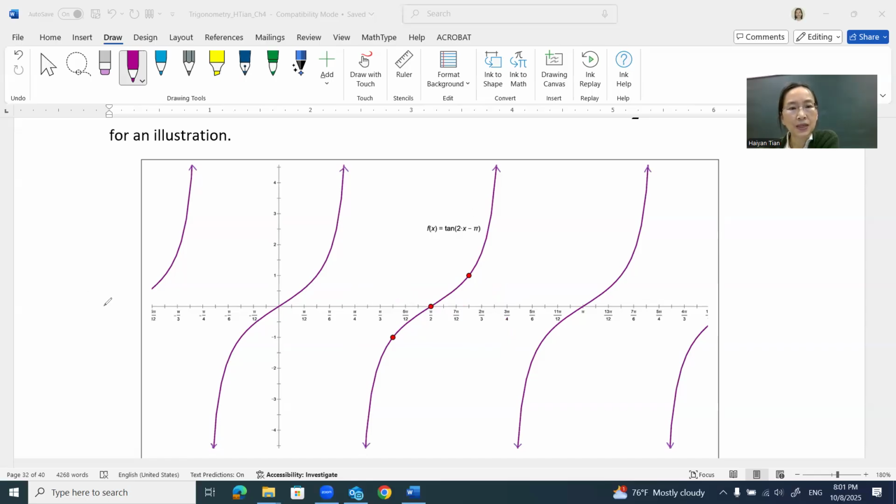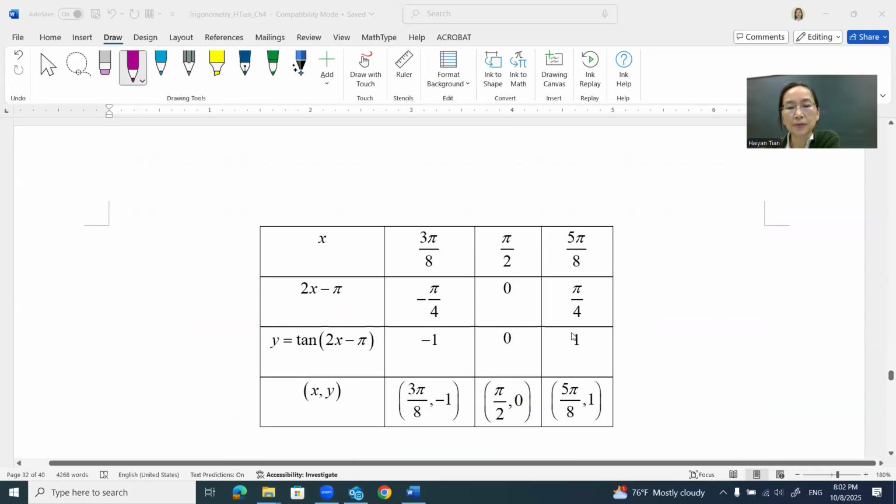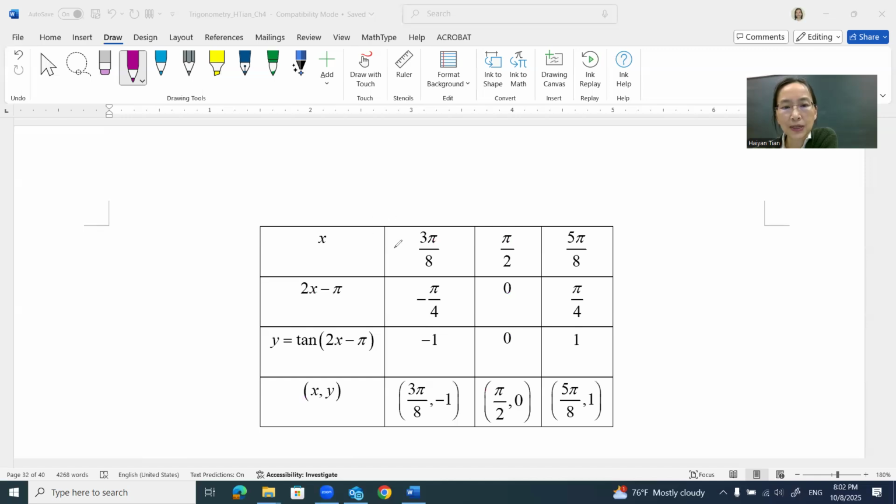We can go back to see once more. If we put more points, you can see that if I include the asymptote location at x equals negative pi over 4, right? 3 pi over 4.